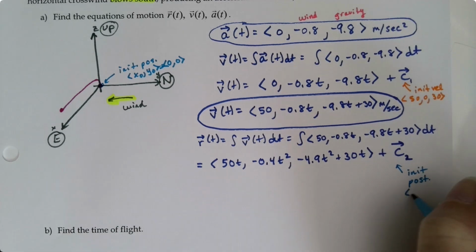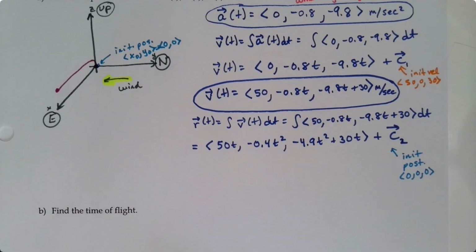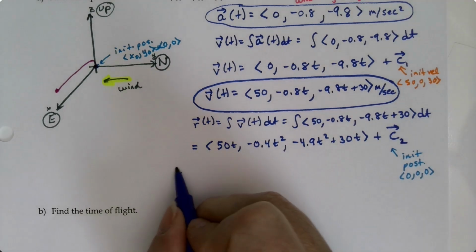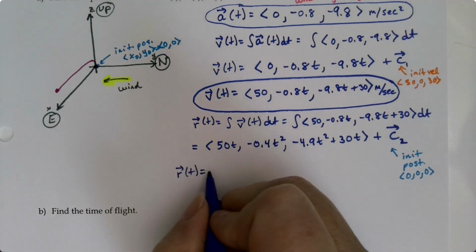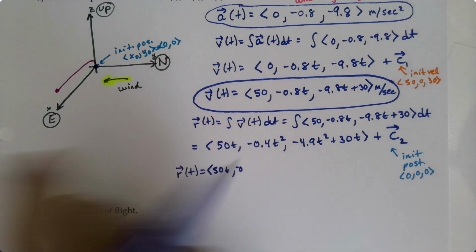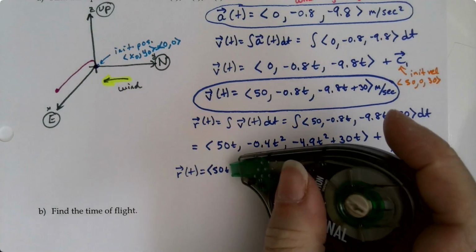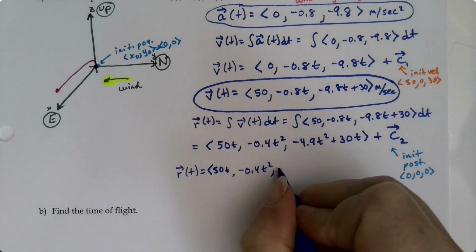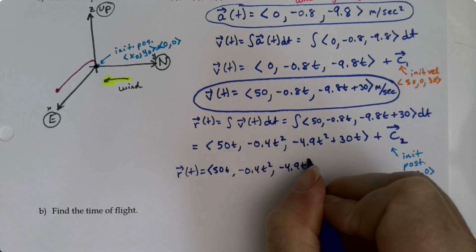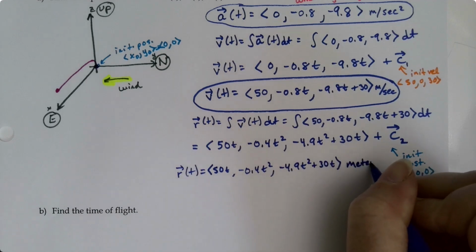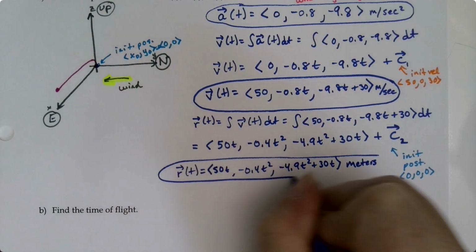But the initial position was 0, 0, 0. So therefore, there's nothing really to add. So r of t is equal to 50t, negative 0.4 t squared, negative 4.9 t squared plus 30t, and that would be meters. Done.